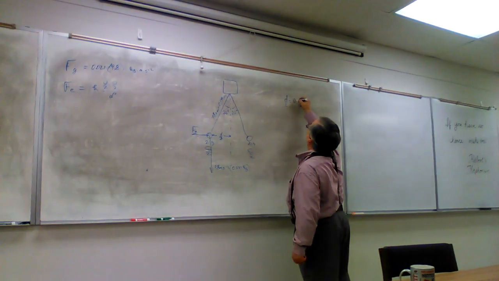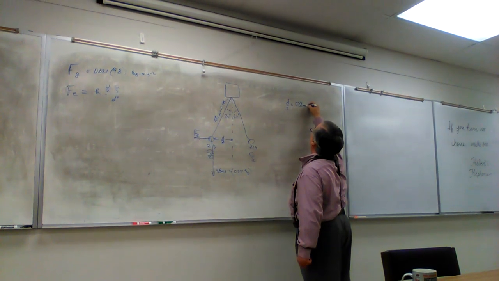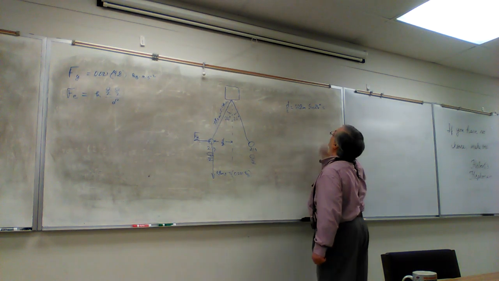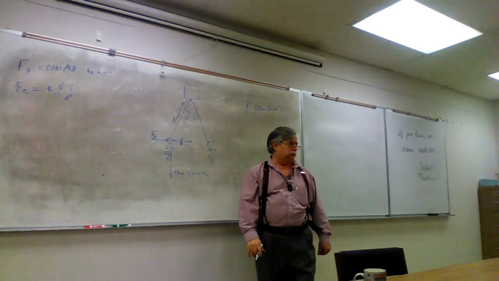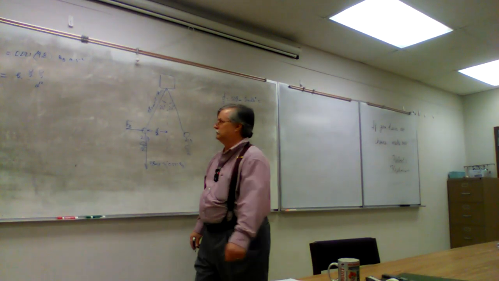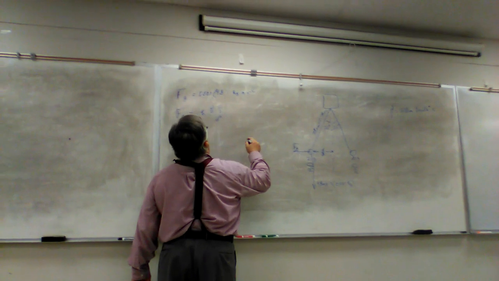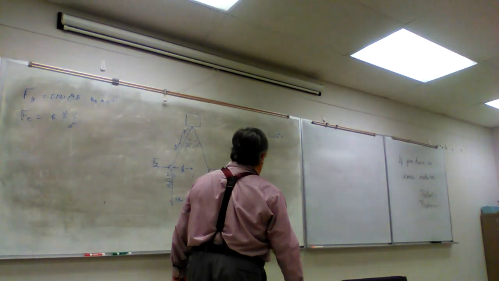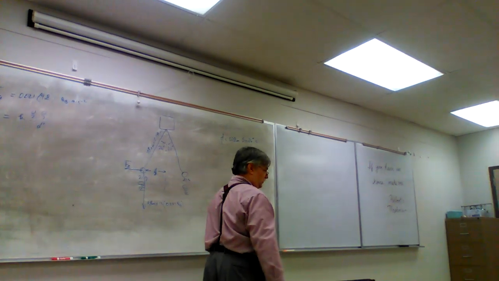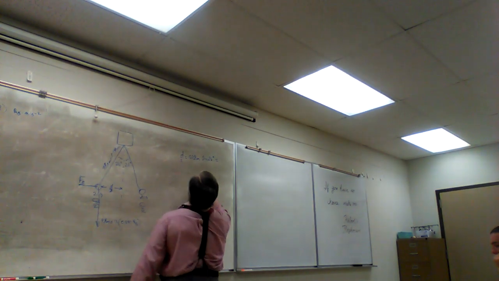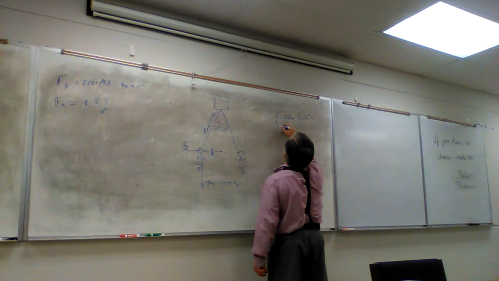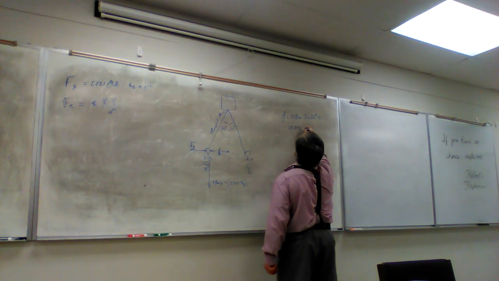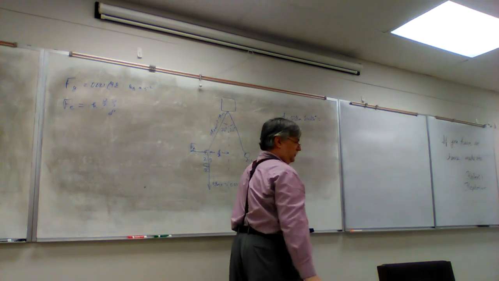So, 0.78 meters times the sine of 26 degrees equals d over 2. Now multiply both sides by 2.